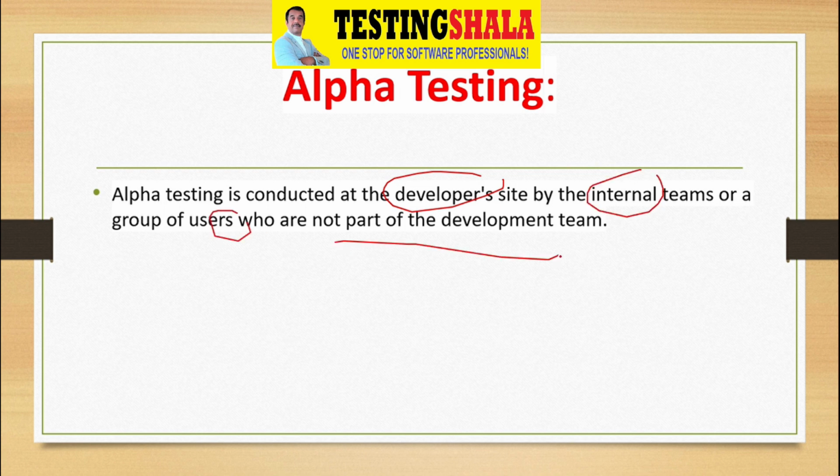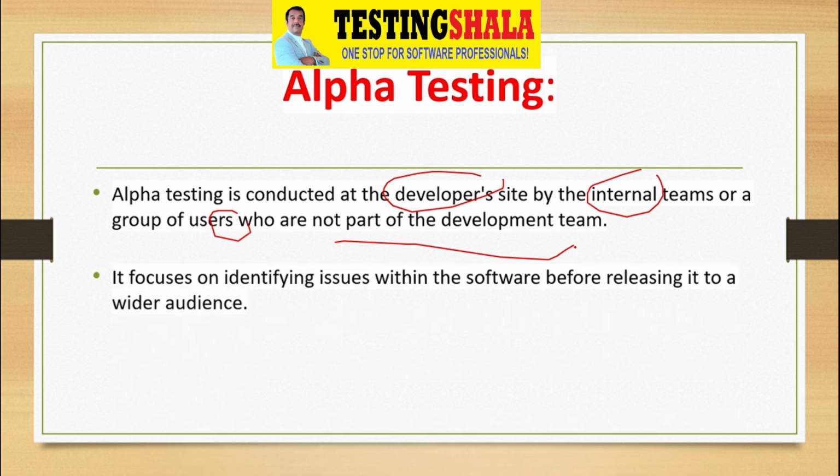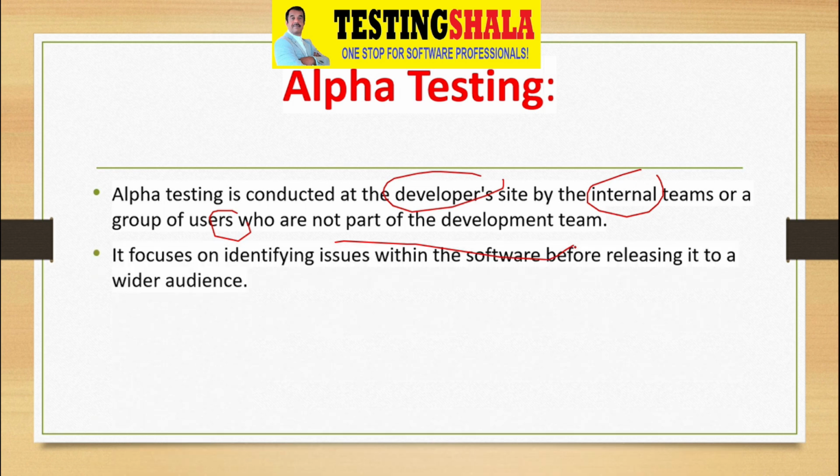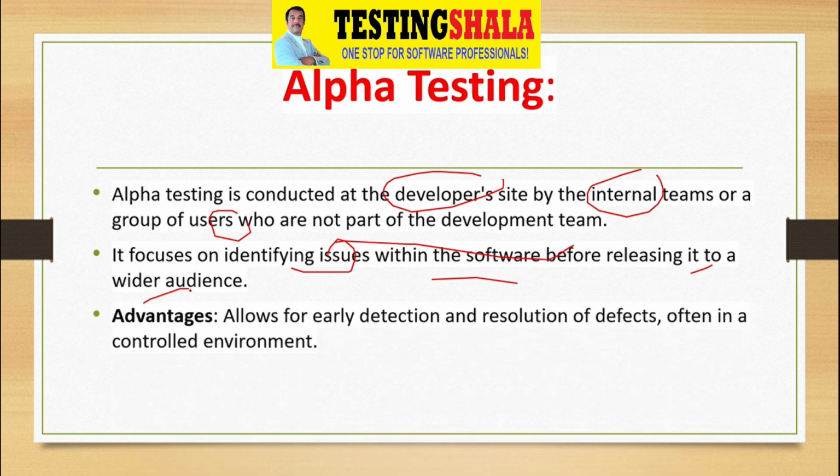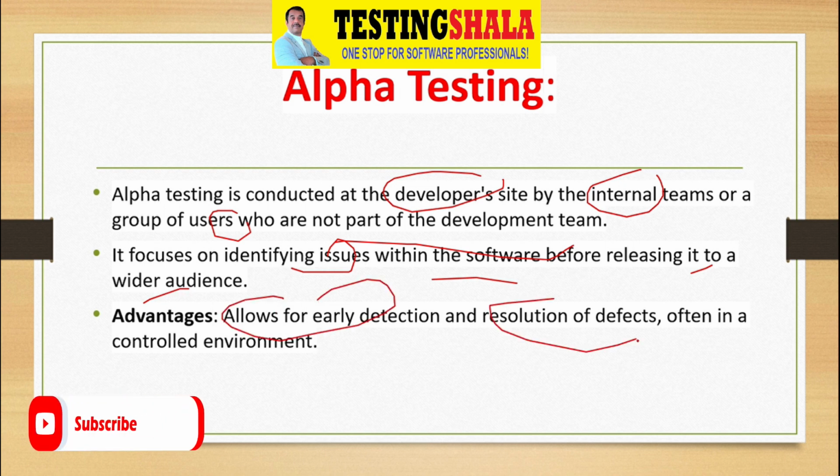During alpha testing, our main focus is to identify issues within the software before releasing to a wider audience. The main advantage is that it allows us to detect issues early and resolve those defects quickly in a controlled environment.